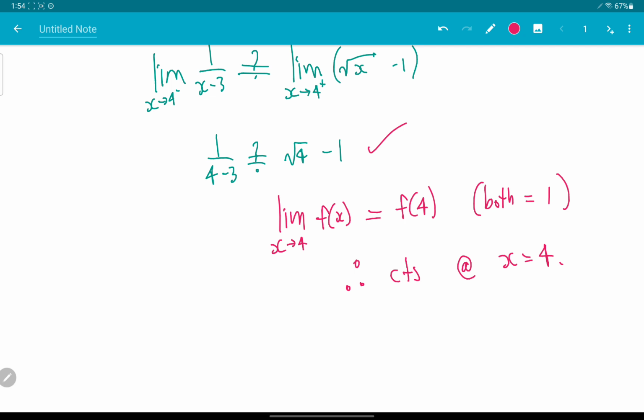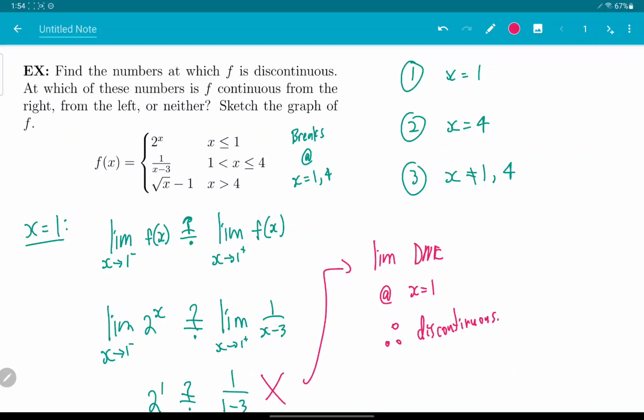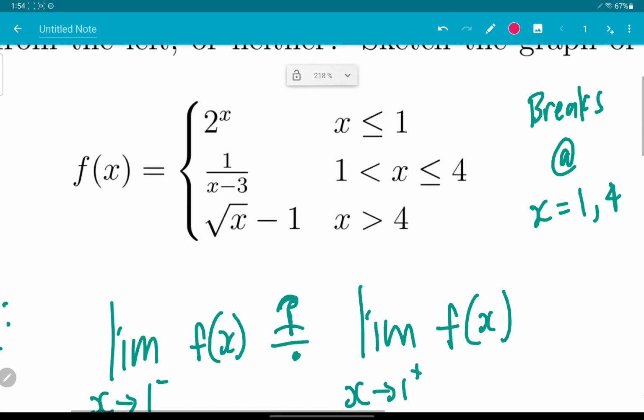Okay, now what's happening away from 1 and 4? So let's focus here. For x less than or equal to 1, we have an exponential function, which is continuous. There's no problems here. 2 to the power of any number, you can calculate that.